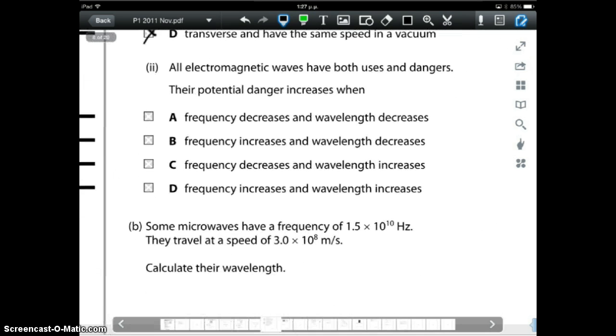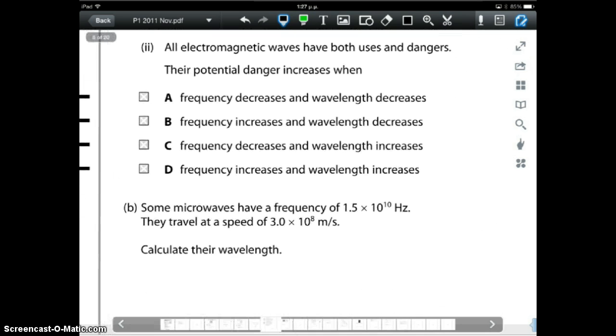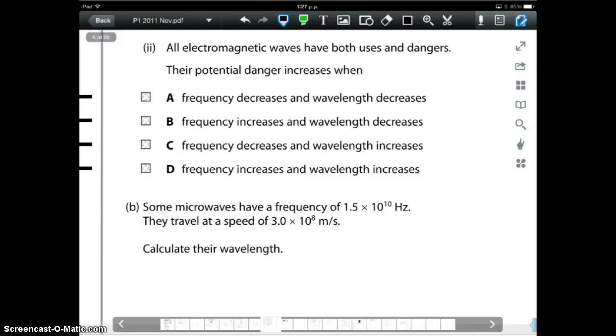2. All electromagnetic waves have both uses and dangers. Their potential danger increases when, well, here you need to recall in the electromagnetic spectrum, the dangerous end is the gamma, the X-rays, the ultraviolet, and this is the higher frequency.